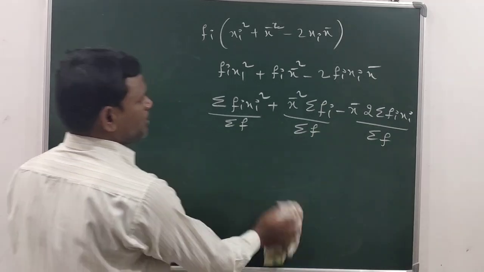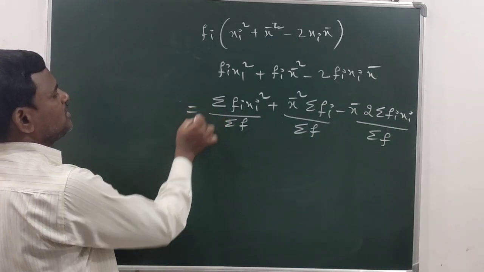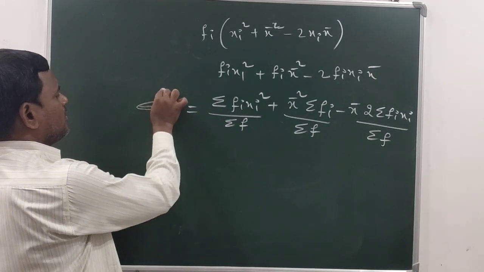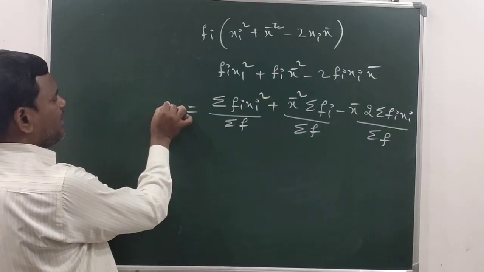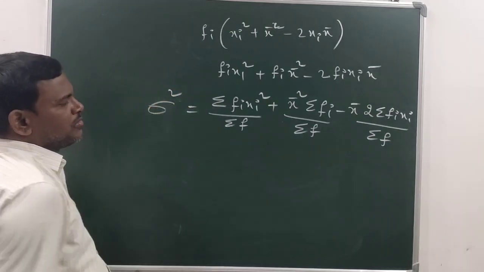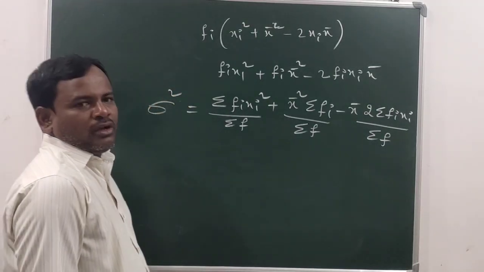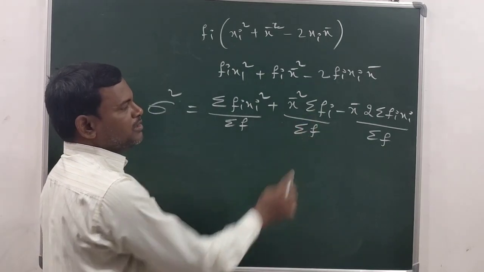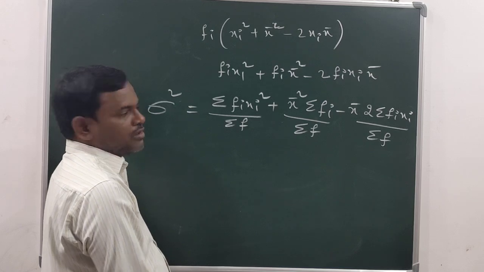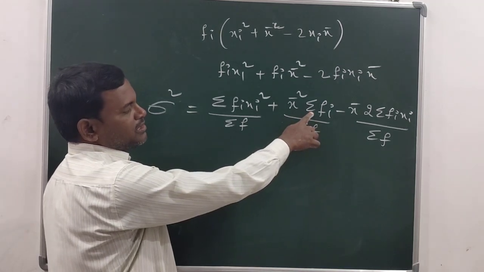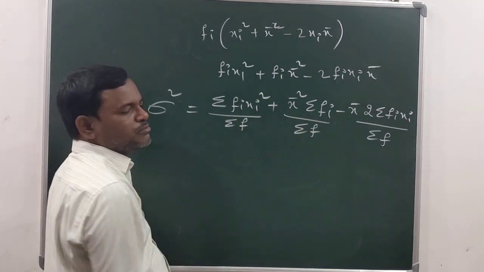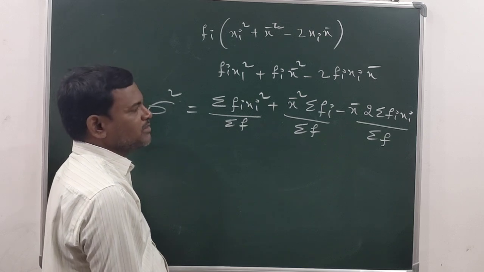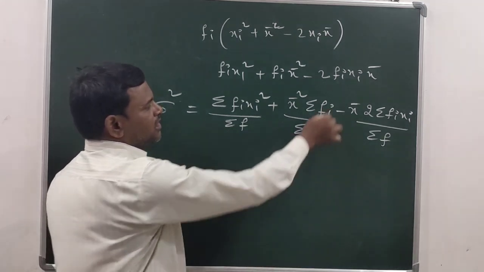Now see students, this is what? Sigma square, variance. You know students, sigma f is the sum of all observations, and in the x bar square term, sigma fi and sigma f both get cancelled. Now what is left?